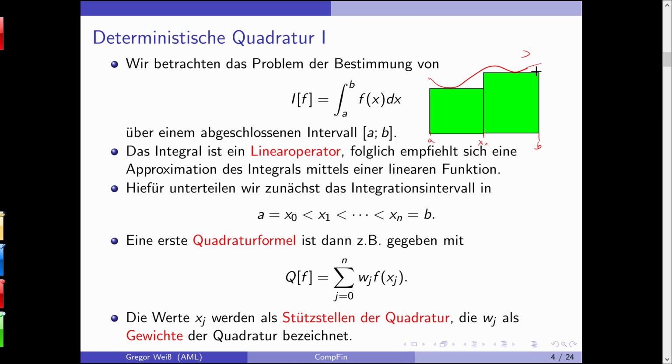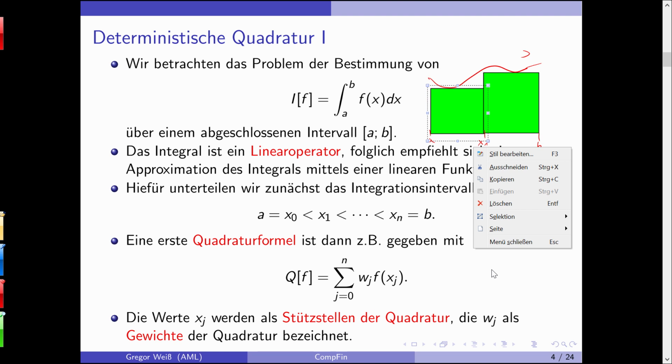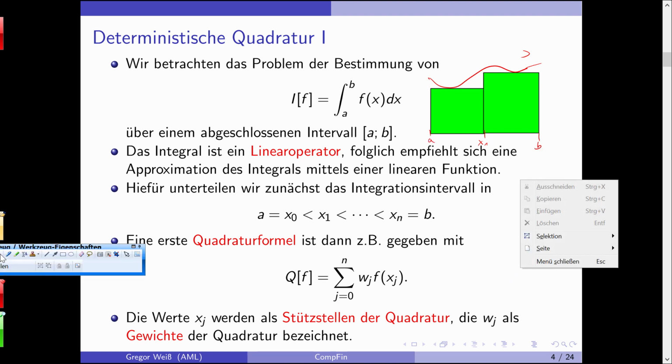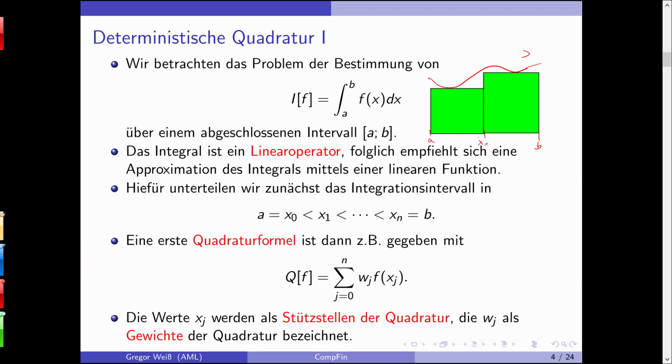This is a very crude approximation, but nevertheless, this is close to being the space and being the integral. Now, how would these rectangles look like? They would look like x1 minus a and b minus x1 times what?